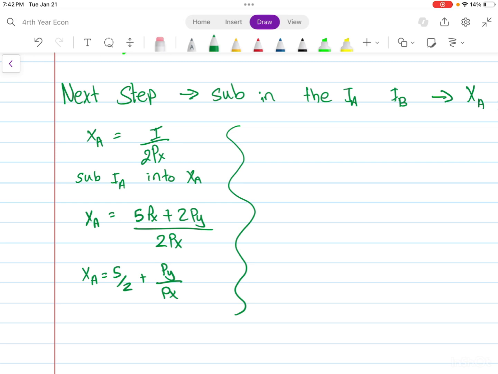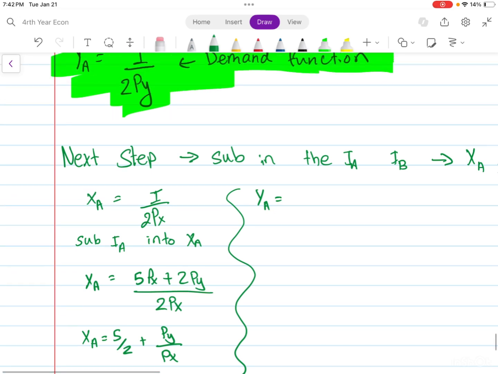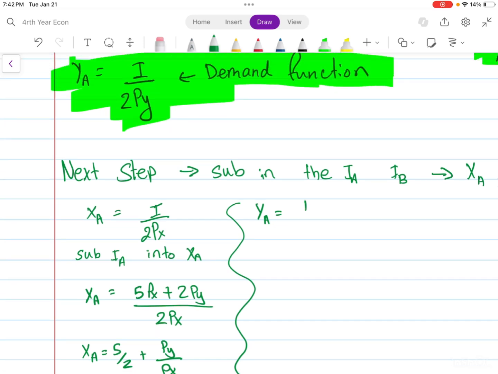Now let's do the same thing for y for Alex. And we know that condition is I over 2py. So let's sub in that budget constraint into Alex's y function.